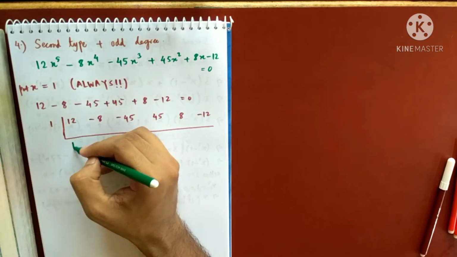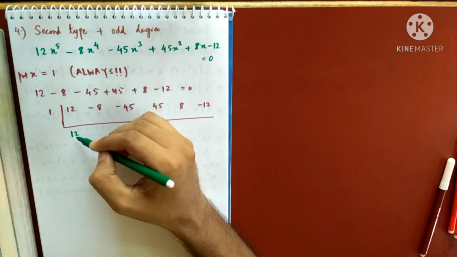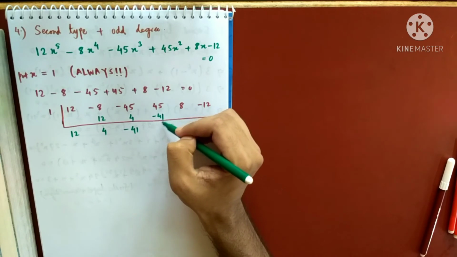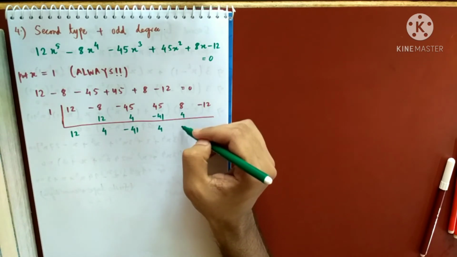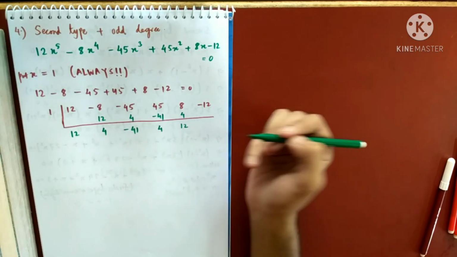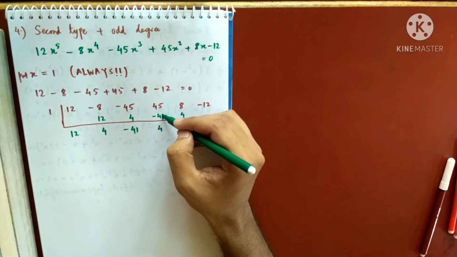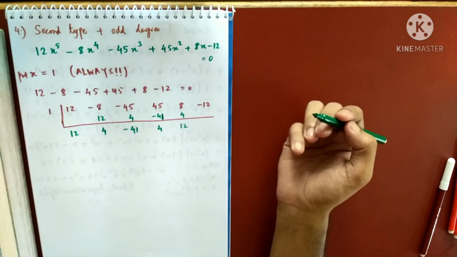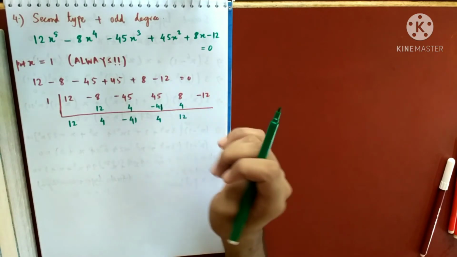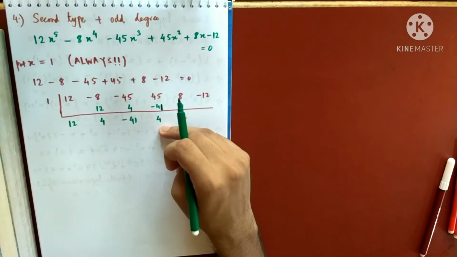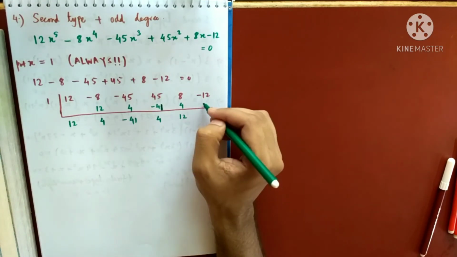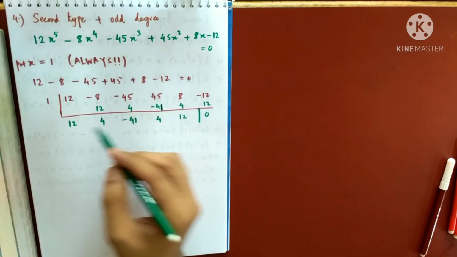So 12 will be copied as 12, and then 1 into 12 is 12, so this will become 4. 4 minus 41, this will become 4. 4 goes here, and 12 goes there and becomes 0. So the remainder is 0 and this is the quotient.